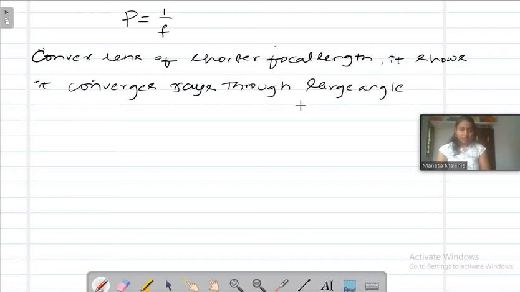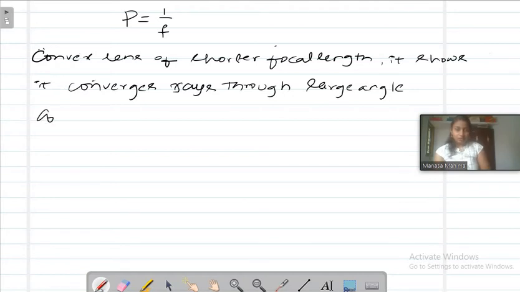That means the capacity of that lens will be more if its focal length is less. That is the meaning here. The convex lens of shorter focal length has the power to converge the rays through large angles.